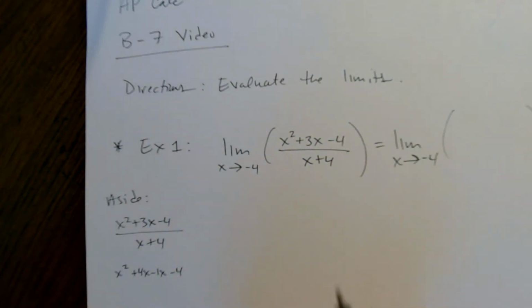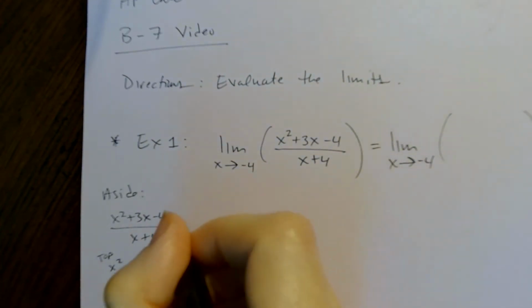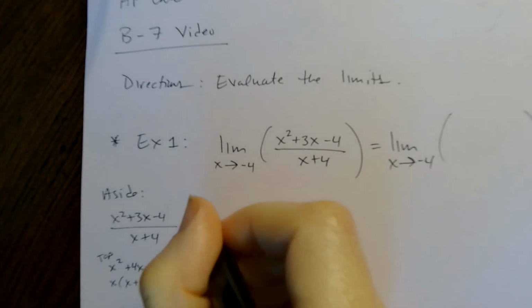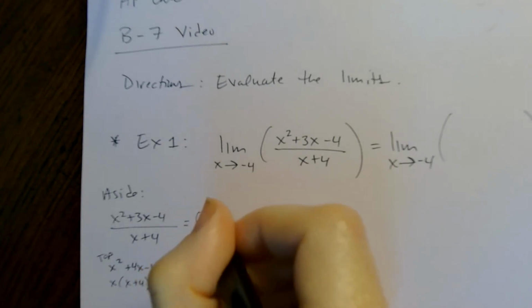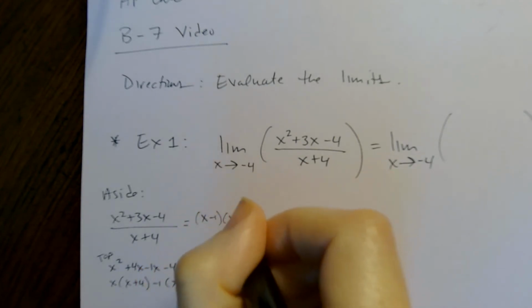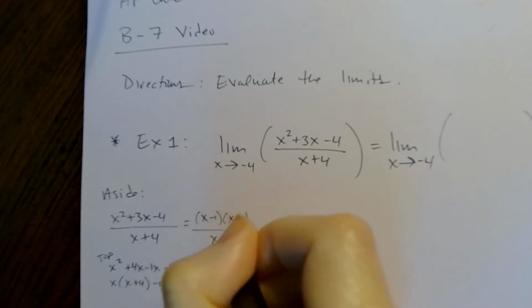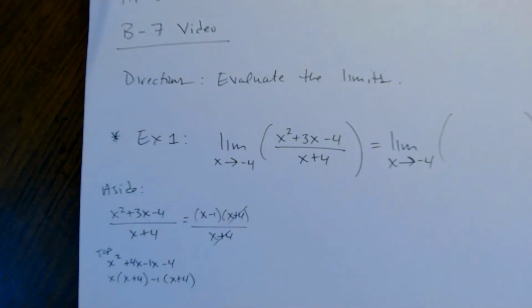All right, and I'll just say this is the top. And then I can take out an x, take out a -1. All right, so this actually is x minus 1, x plus 4 over x plus 4, and the denominator did cancel, and that's what we wanted to happen.